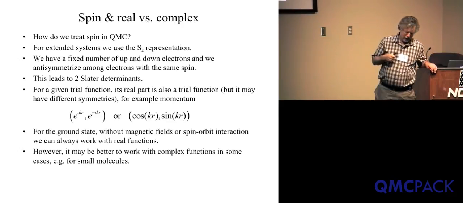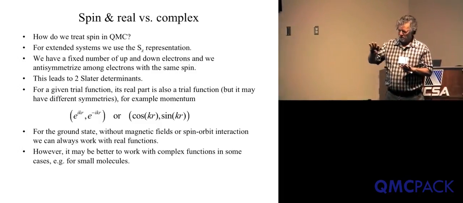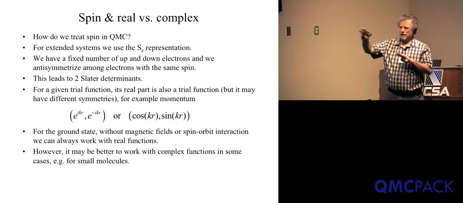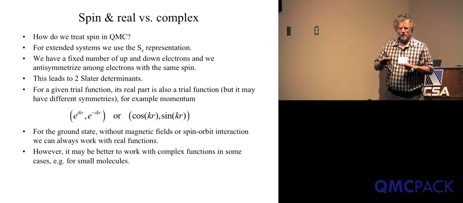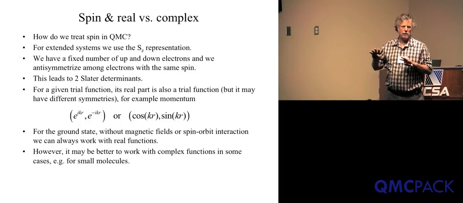It's the same with spin. We often, in quantum Monte Carlo, assume that the electrons are up spins or down spins, just like two different kinds of electrons. This is actually kind of an approximation, a simplification, and it obeys the variational principle, but you can sometimes get lower energies by not doing this.